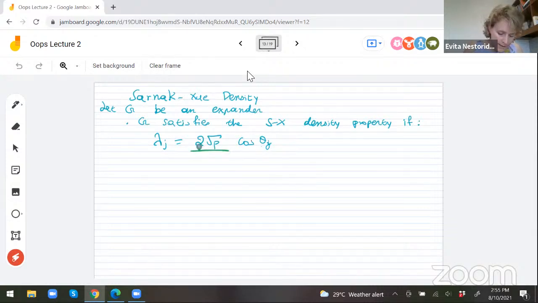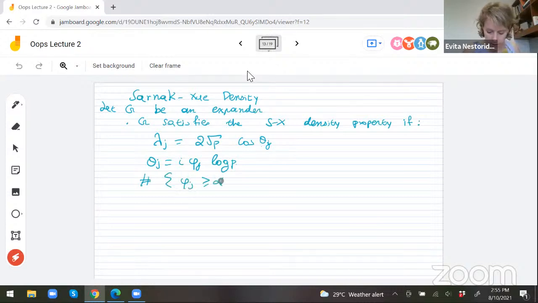When they're complex, we're going to write them as this. And we want the number of the phi j's that are bigger than an alpha. So for every alpha and epsilon, we want this to be asymptotically smaller than this quantity. This is the density assumption.